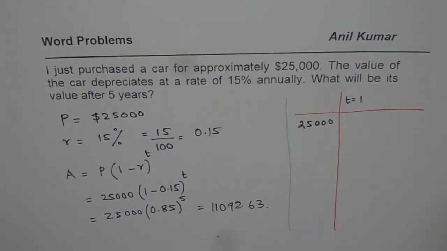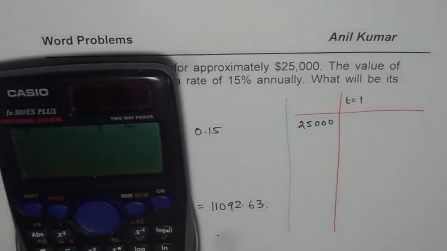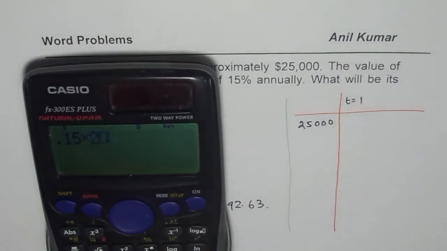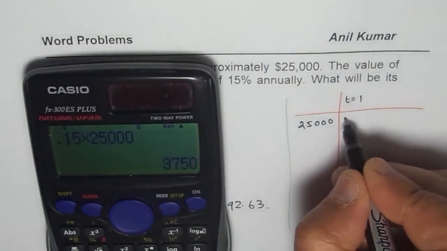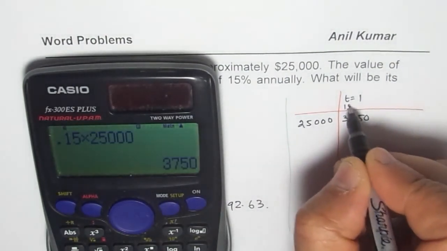So we get 15% of, that means 0.15 of that amount. So 15% of 25,000 is equal to 3750, right? So that is 15%.